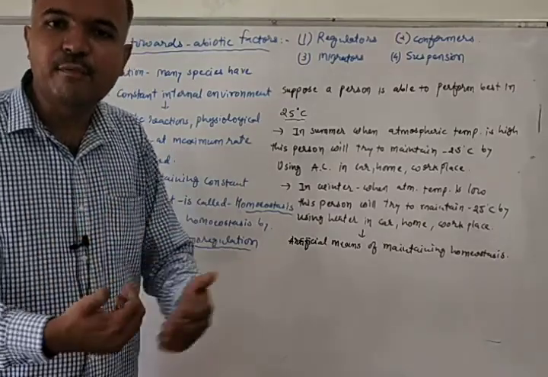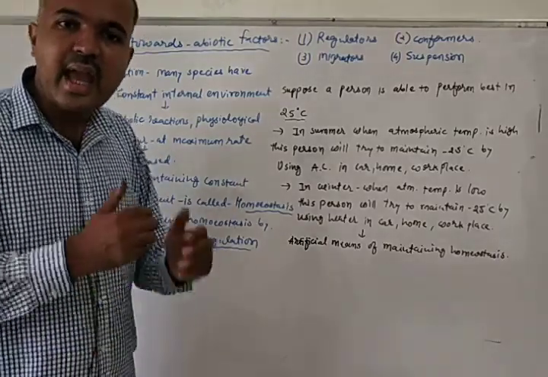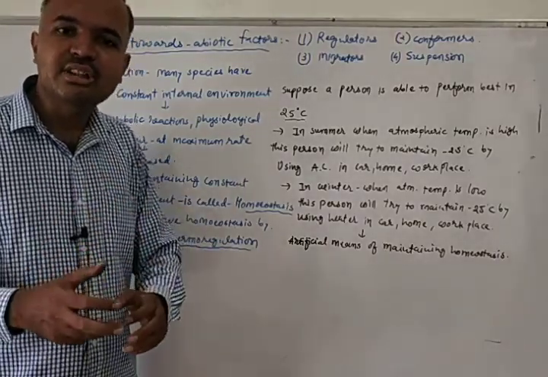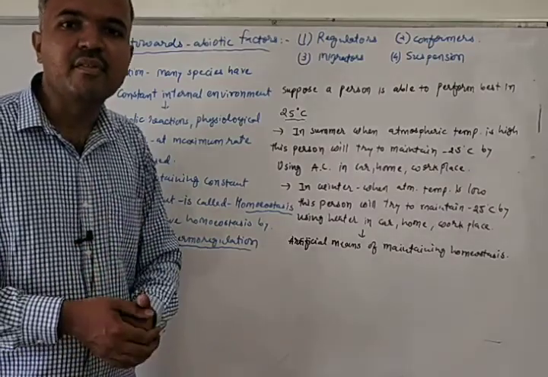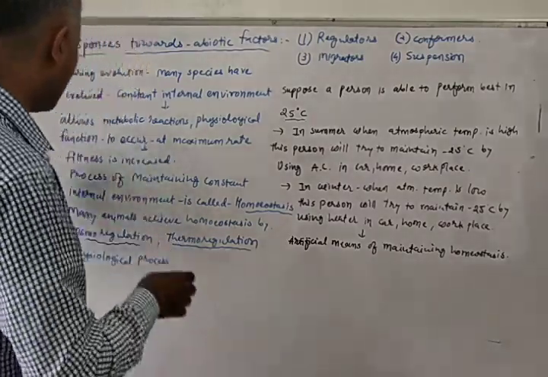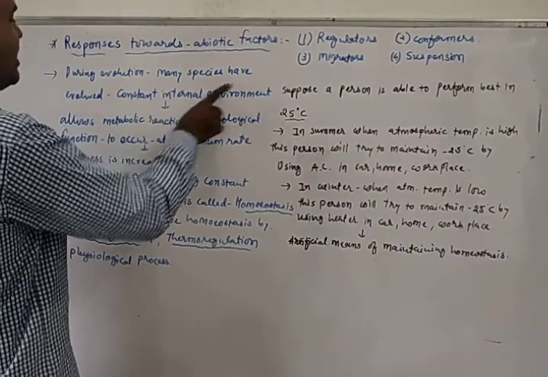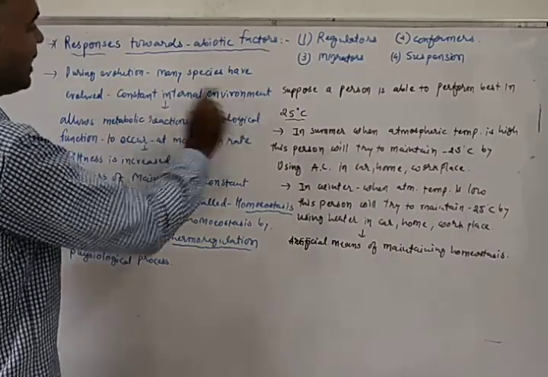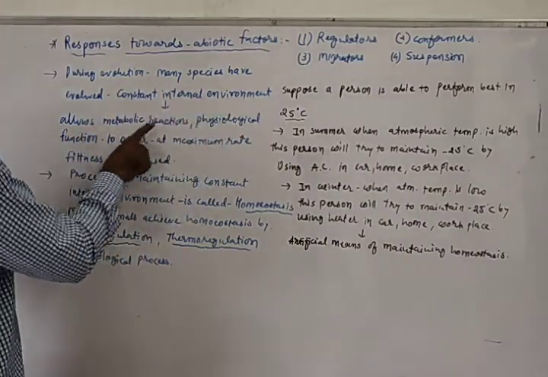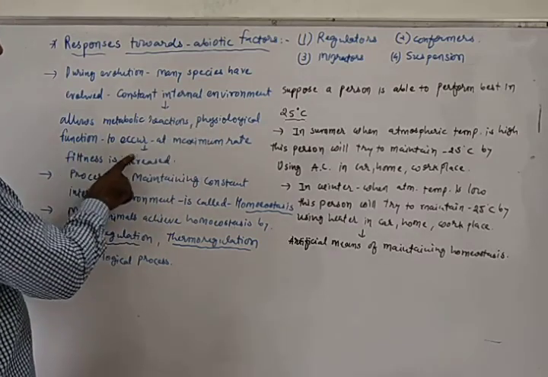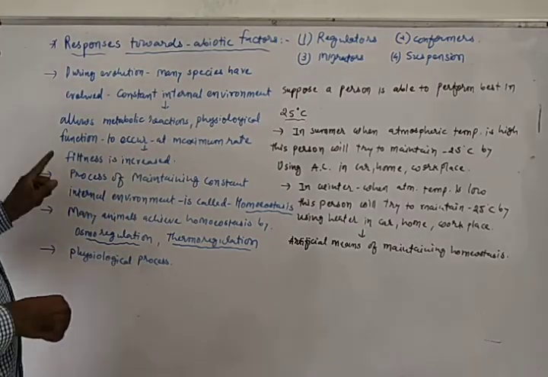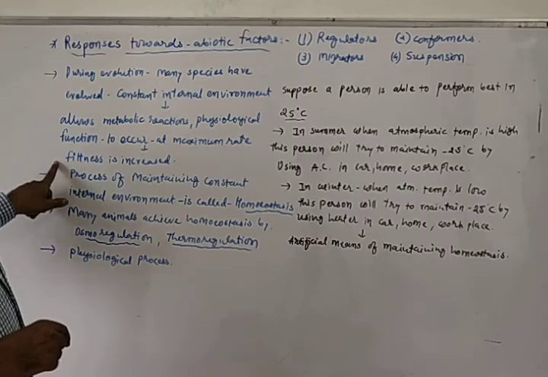And as the fitness of the organism is increased, it is able to survive on land. So during evolution, many species have evolved a constant internal environment that allows metabolic reactions and physiological functions to occur at maximum rate, and so the fitness of the organism is increased.